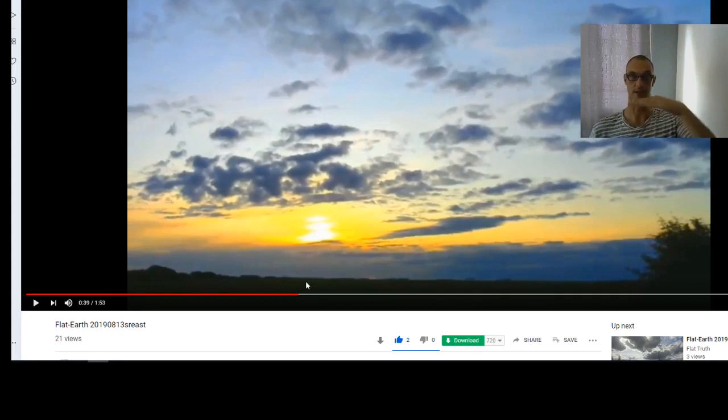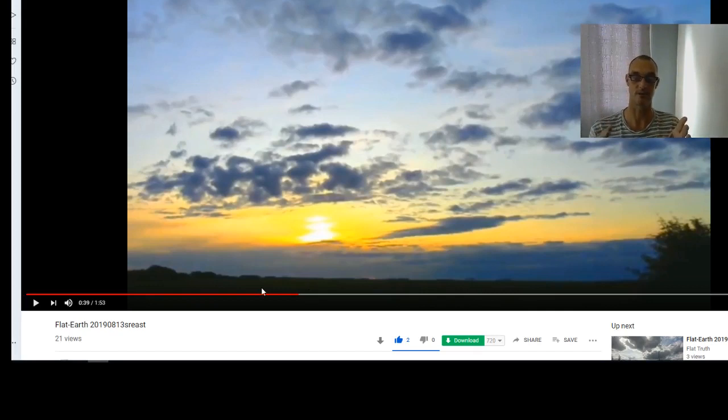We have the Earth here, and then we have a gap between the Earth and the clouds, and then we have the sun at a higher level than the clouds. So of course, simply due to the laws of perspective, we see the clouds appearing to meet the horizon, and because the sun is higher up, it eventually comes into view above the clouds.